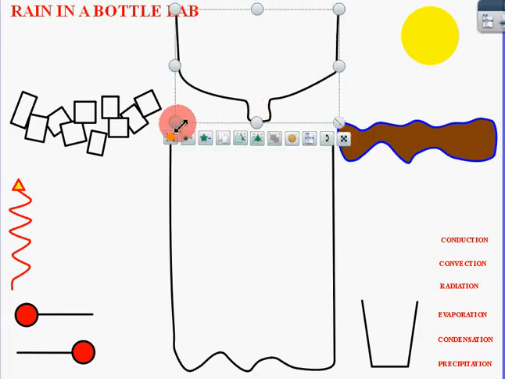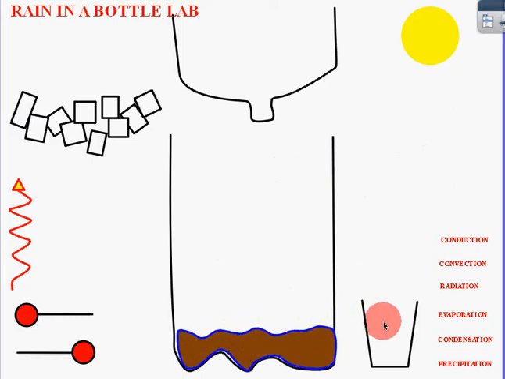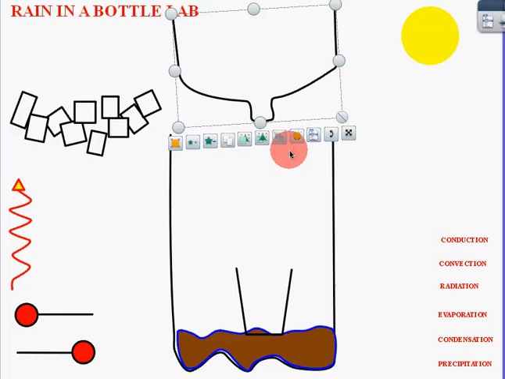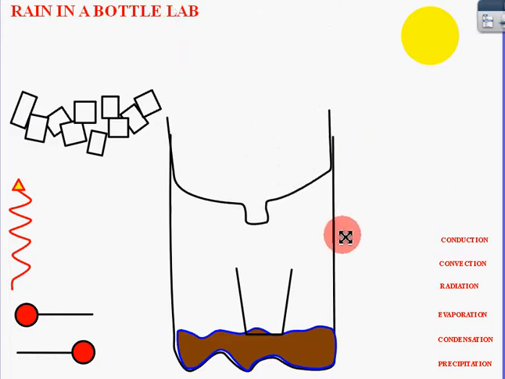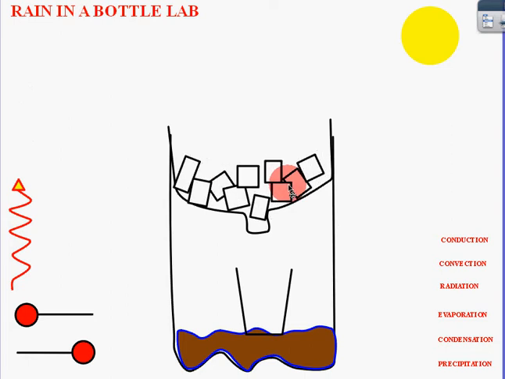So we took that and we moved it. Well, we might as well put in the water there. Put the cup in. Then drop our top down inside. Get the ice and put it inside. And at that point, now we start the explanation.